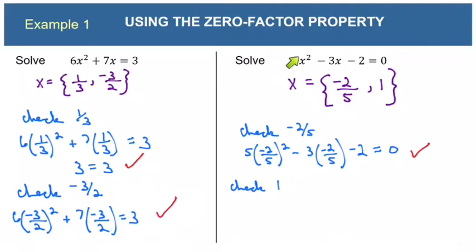This one's easy to do mentally, so let's just do it together mentally. 5 times 1 squared minus 3 times 1 minus 2 should equal 0. So let's see, 1 squared is 1, 5 times 1 is 5, negative 3 times 1 is 3, so 5 minus 3 is going to be 2, and 2 minus 2, of course, is 0, so that checks out.